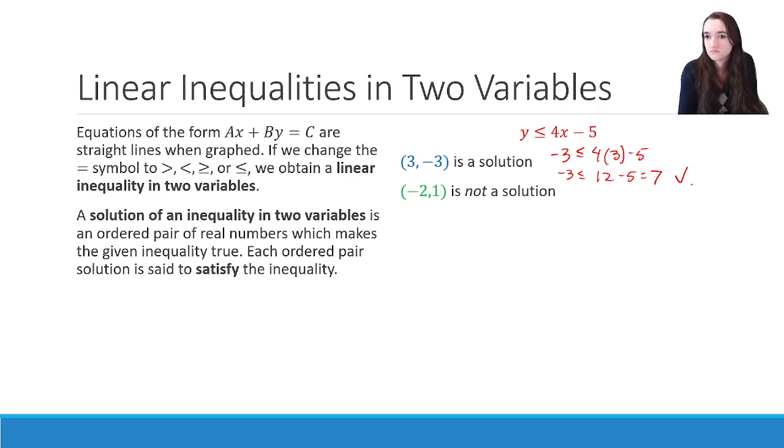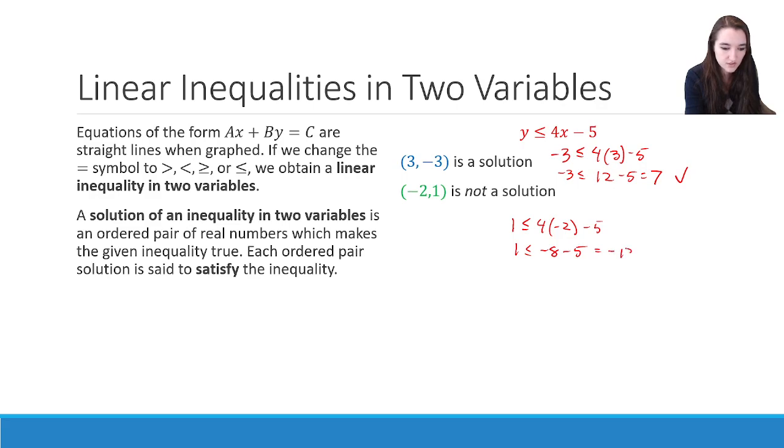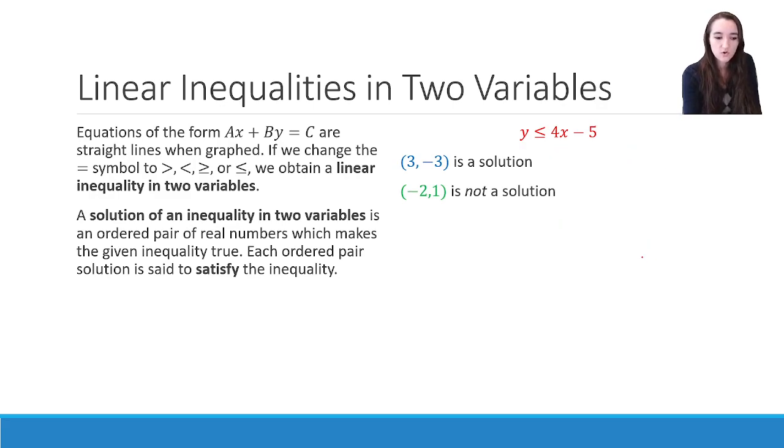That is true. Negative 3 is less than 7. But if I plug in negative 2, 1, I get 1 less than or equal to 4 times negative 2 minus 5. 1 less than or equal to, this would be negative 8 minus 5, which is negative 13. 1 is not less than or equal to negative 13, so this is false. So negative 3 is a solution, but negative 2, 1 is not a solution.